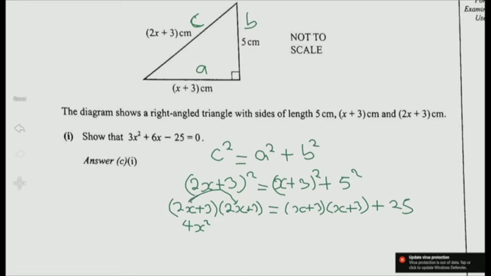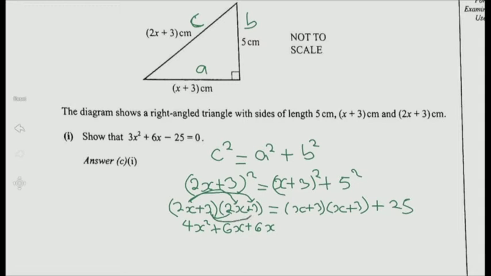Then that 2x multiplied by 3 gives positive 6x. Down here, 3 times 2x is positive 6x.